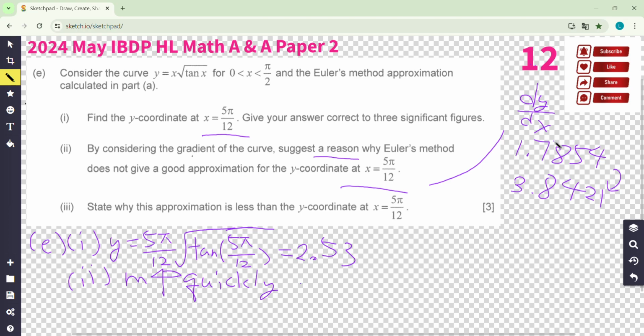Number 3. State why the approximated result is less than the real result, the y coordinate at 5 pi over 12. Because this is increasing quickly, right? But we assume it is a constant gradient. So obviously we underestimate. But how to say it? Because the gradient increases quickly, but we assume the gradient is a constant.